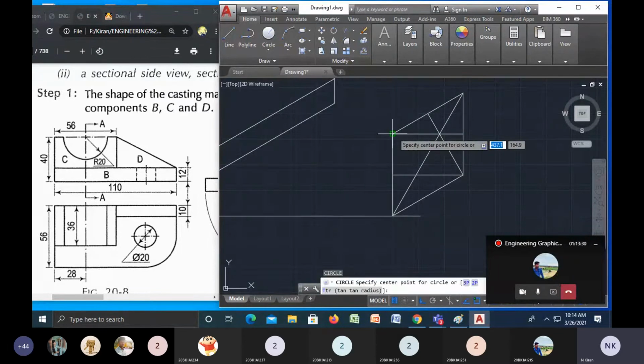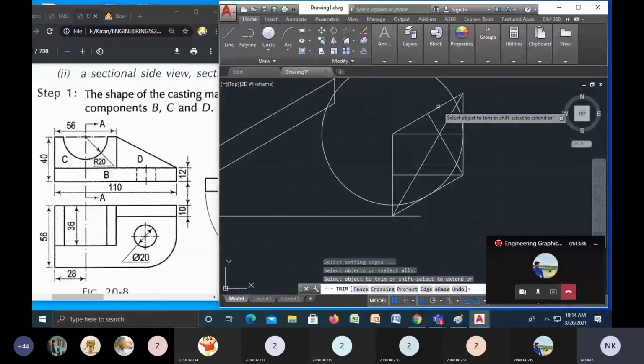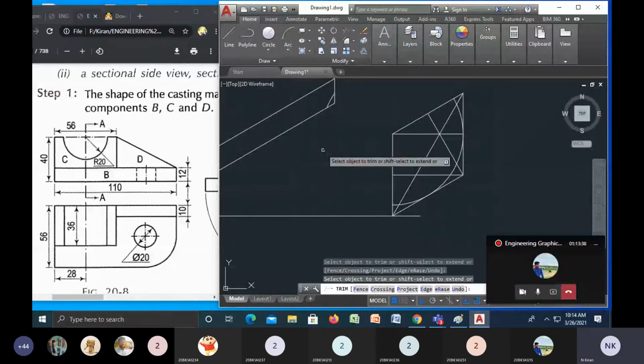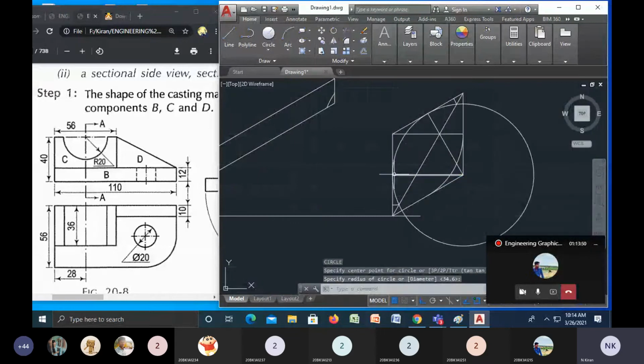C enter. From this point, I will join up to here. Then C enter. From this point, I will take up to here.